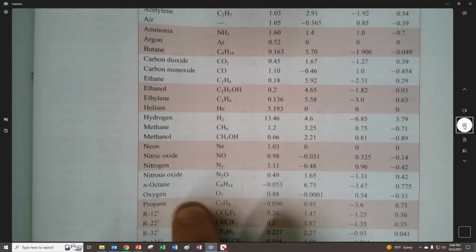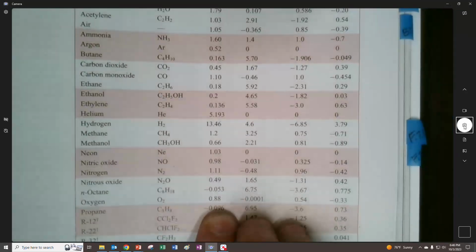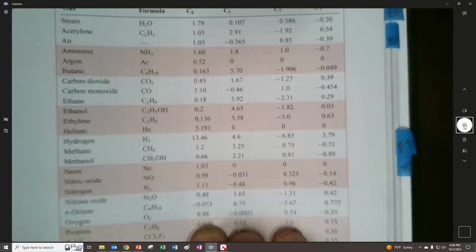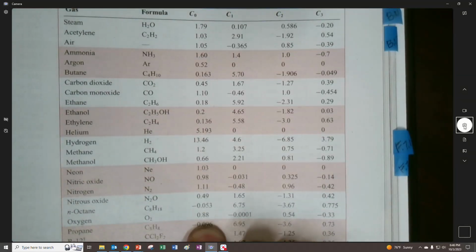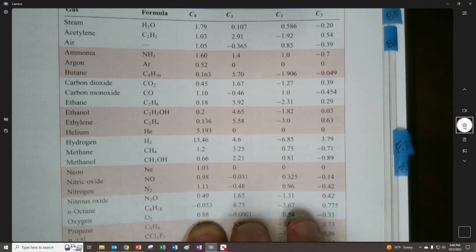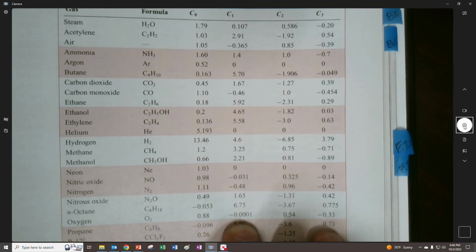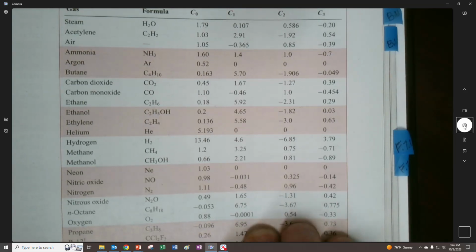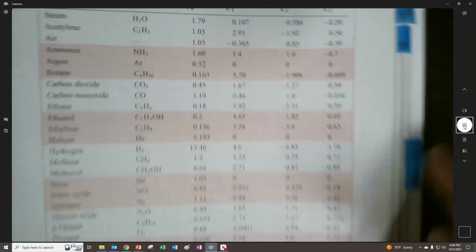So down here are our coefficients for C0, C1, C2, and C3. I'm going to write these down. You have 0.88, negative 0.0001, positive 0.54, and negative 0.33.